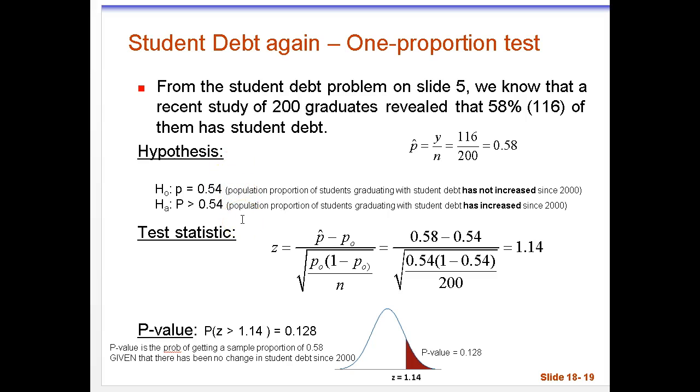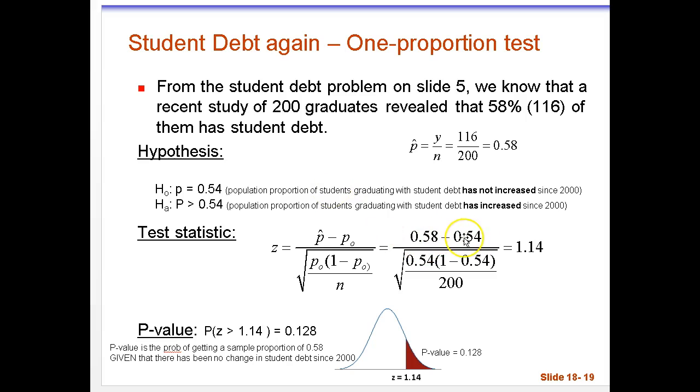So when we do the calculations for a one sample proportion or one proportion test, we calculate a z-score, and the formula is shown here. We take our sample proportion, which is the 0.58, we subtract that by the proportion that's in our statement of hypothesis.